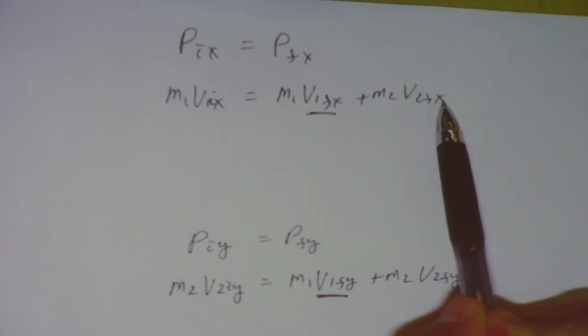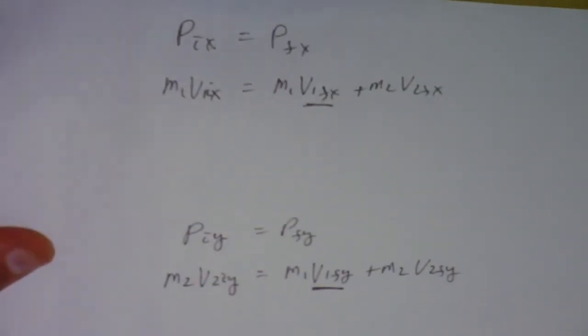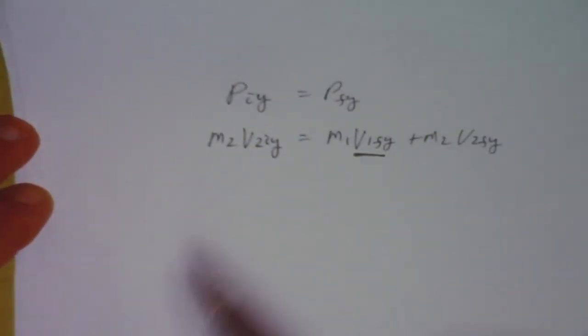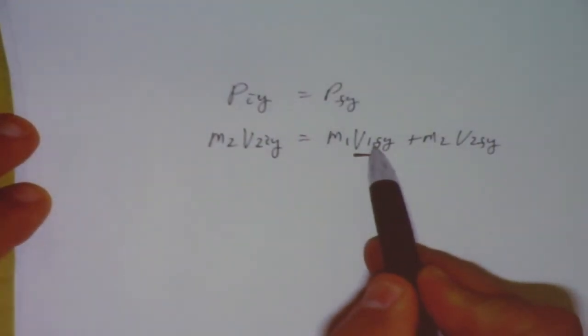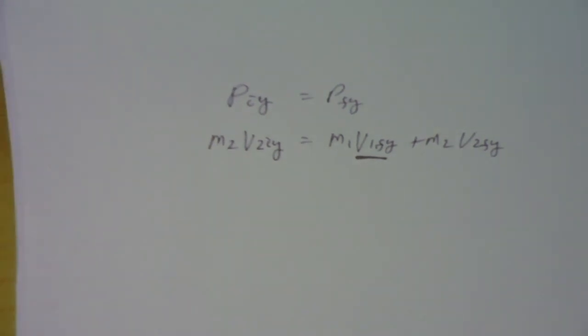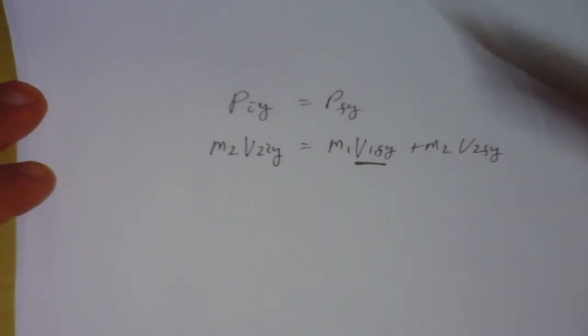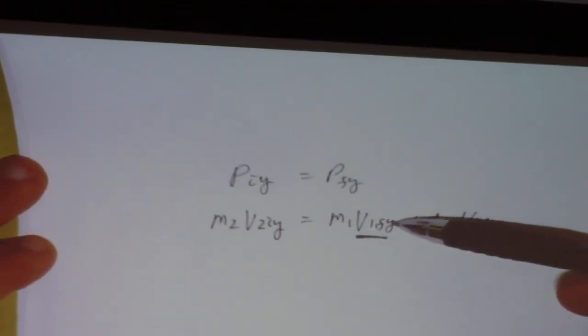We had to do a little bit of work to get that, but we were able to do it, right? That's what this number is. So then we'll be able to figure out that. Same idea in the y direction. The only thing that you don't know is this. Everything else is given to us. So it's going to be a little bit time consuming, but it won't be too bad. We'll be able to figure out V1 final x and V1 final y.